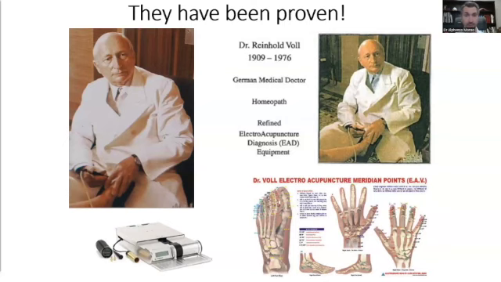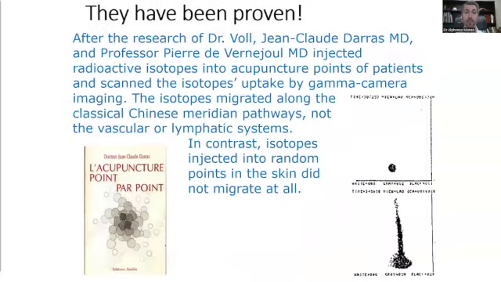There's obviously something there. And then they went further with Dr. Voll and Dr. Jean Claude, where they injected radioactive isotopes. That's the stuff that allows doctors and scientists to see through the body. They injected them into acupuncture points, and the radioactive isotopes started flowing along that channel. And they traced these throughout the body and found out that acupuncture was 80 to 95% accurate, somewhere in that range.